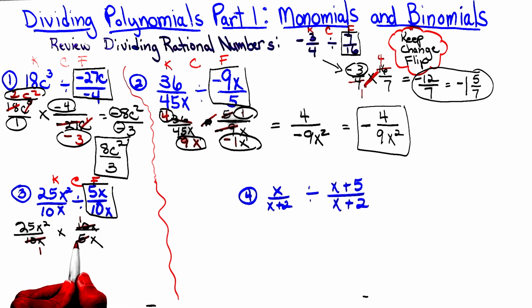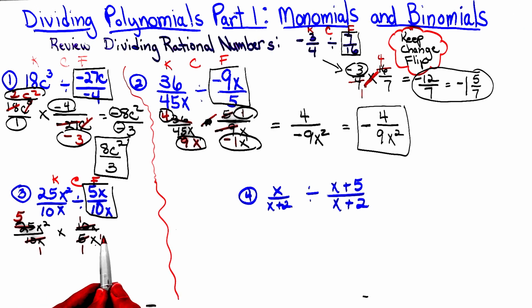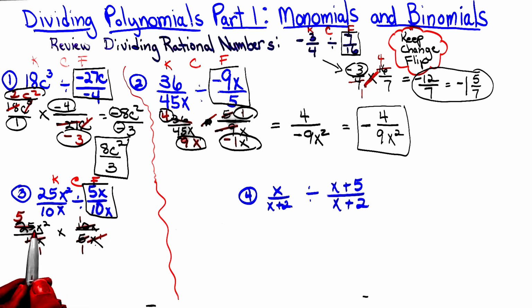I do know that 5 divided by 5 is 1. So 25 divided by 5 is 5. Notice they also do have the x's in common. So the greatest common factor between this will be our x to the first power. So this cancels out, and x squared minus an x to the first power is just going to be an x.